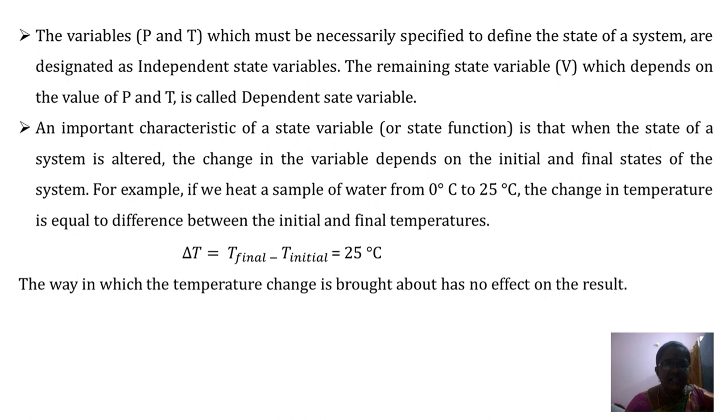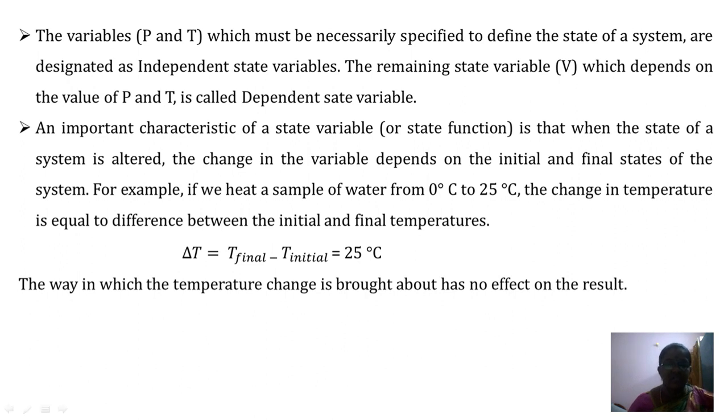An important characteristic of a state variable is that when the state of a system is altered, the change in the variable depends on the initial and final state of the system. For example, if we heat a sample of water from 0 degree Celsius to 25 degree Celsius, the change in temperature is equal to the difference between the final and initial temperatures.